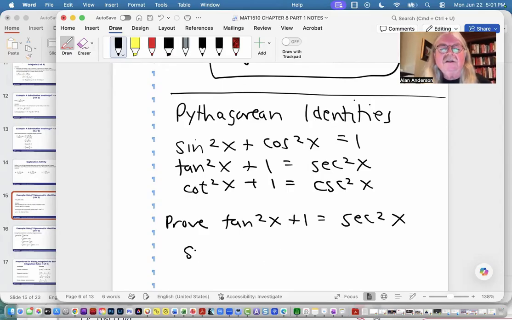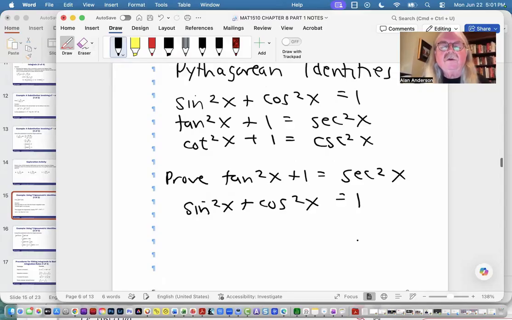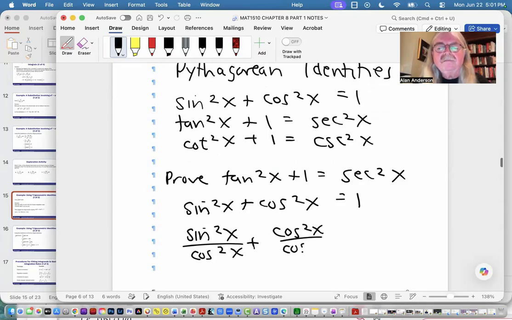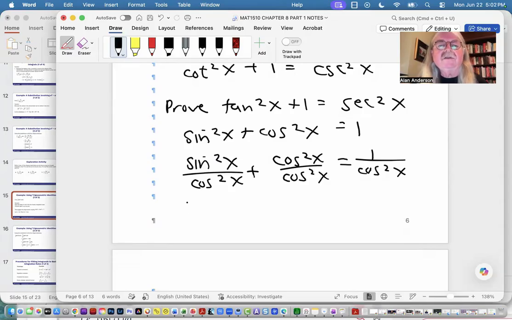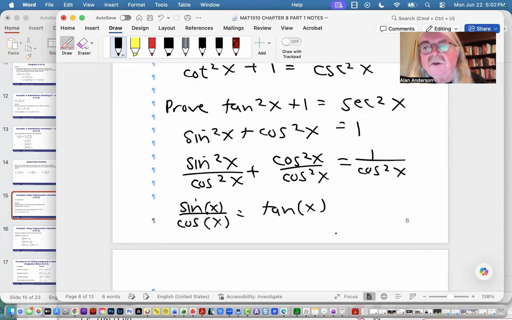So you would start here, and then all you would have to do is divide all these terms by cosine squared of x, which you're certainly allowed to do. Of course, you remember that the sine over the cosine is the tangent, which means that if you're taking the ratio of the squares, it will just give you the squared tangent.